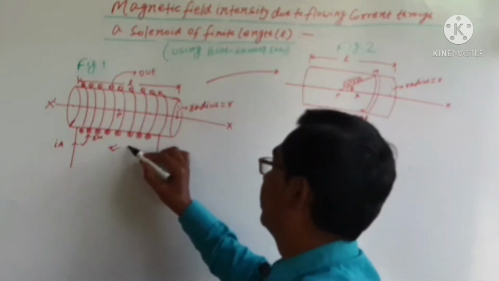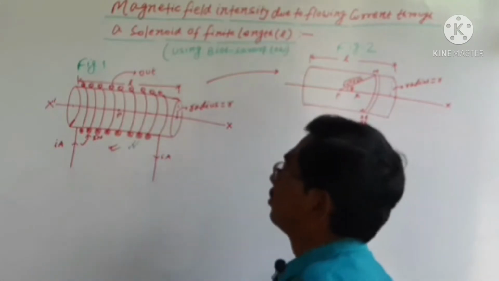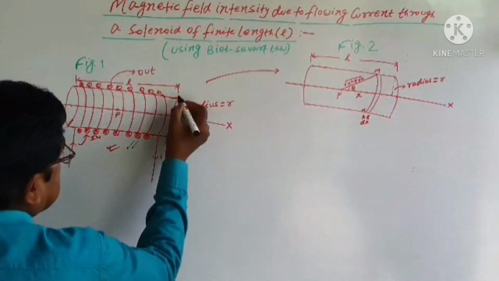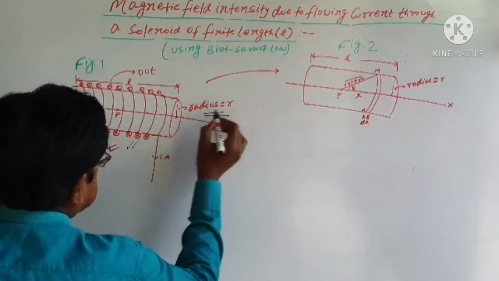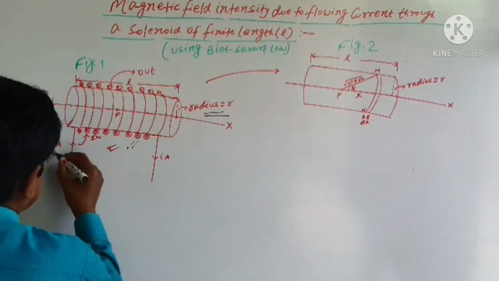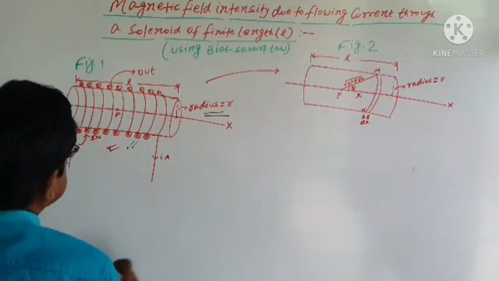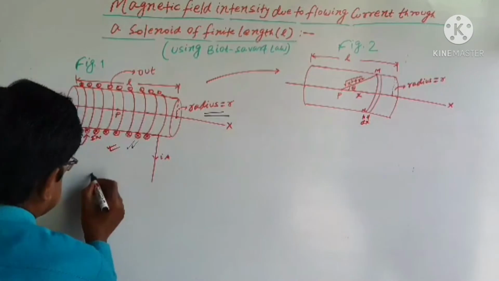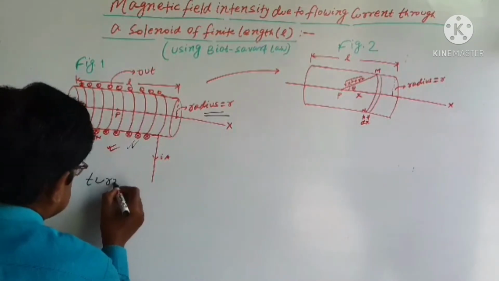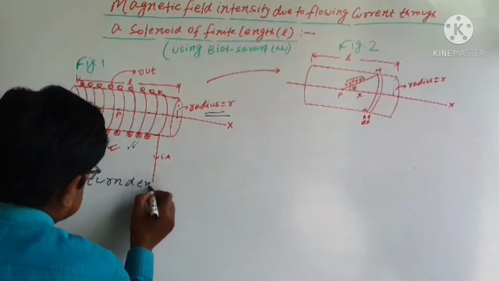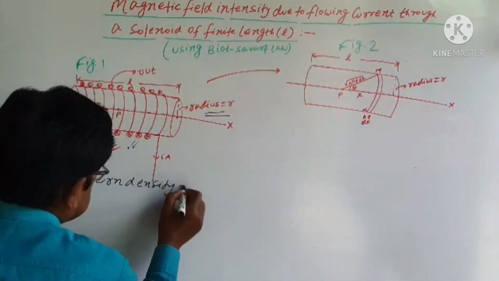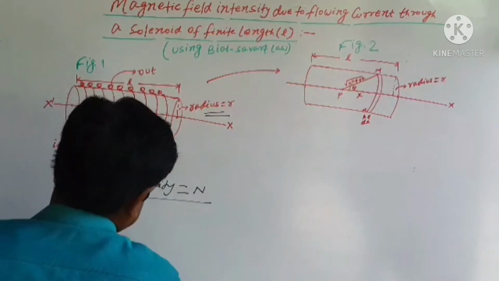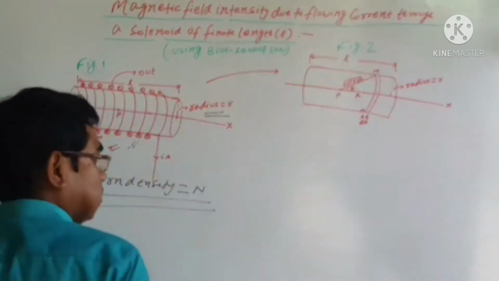Here this is a solenoid. We write some parameters: its radius R, flowing current I ampere, its length is L, and turn density is equal to N. Okay. What is turn density?